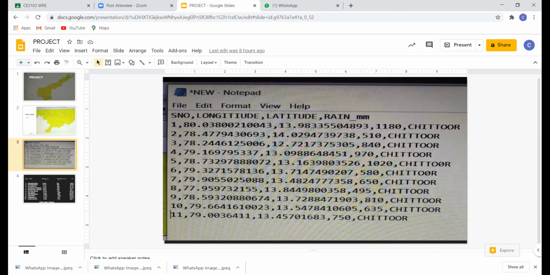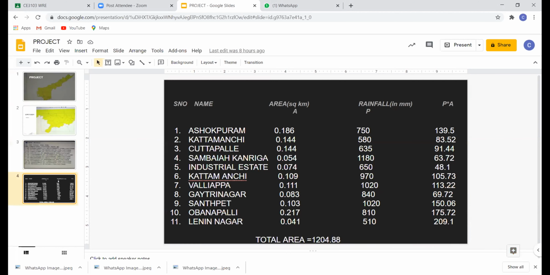Okay. Longitude is L-O-N-G-I-T-U-D-E. Okay. Anything that is on your presentation is open for correction from me. It could be spelling, it could be whatever it is. Yeah. So at the bottom, you've written the total area 1,204. What units is that?